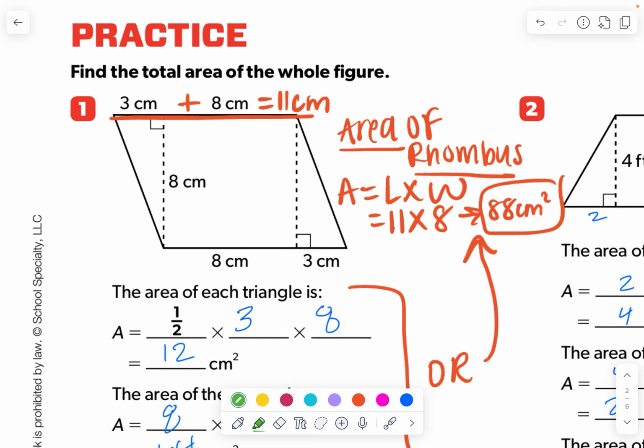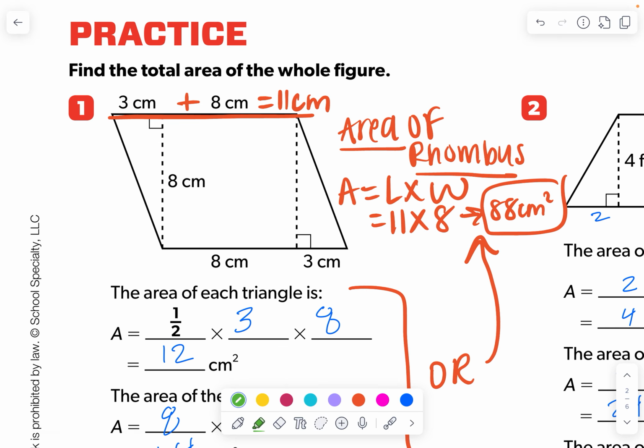In this example here, base may be a little bit challenging only because it seems like the shape is broken up into multiple parts, which you could find the area of the square and then find the area of one of the triangles and then find the area of the other triangle. However, we know that this is just a rhombus.